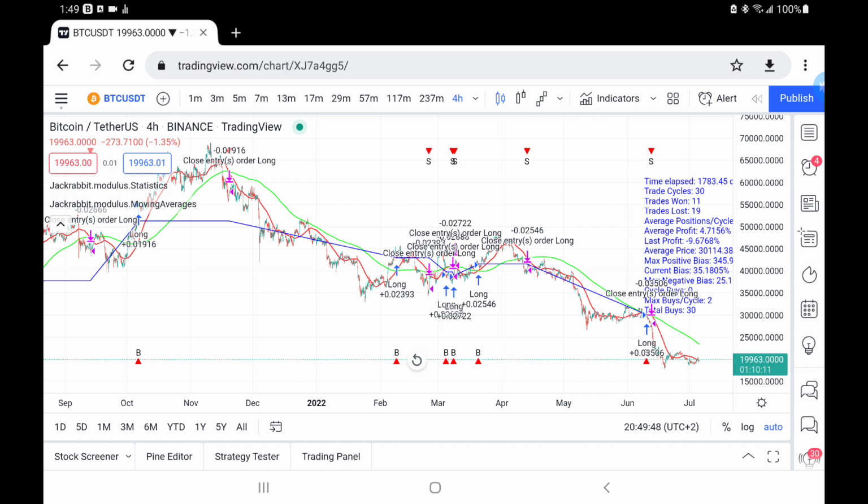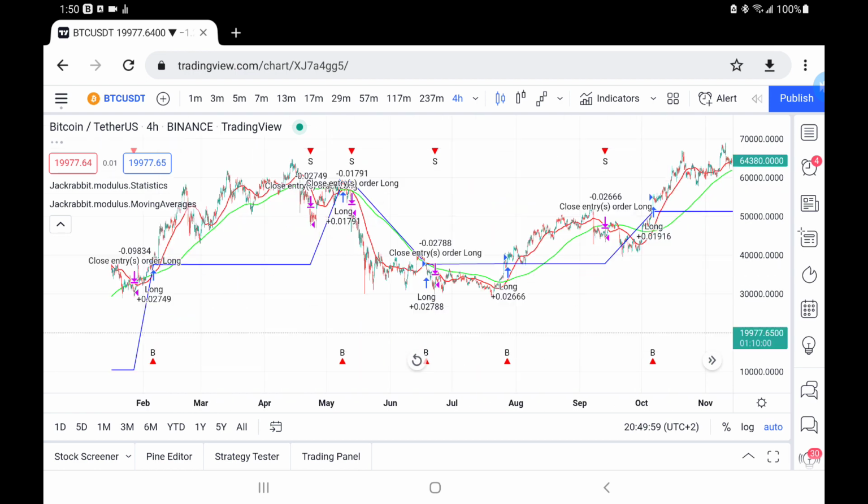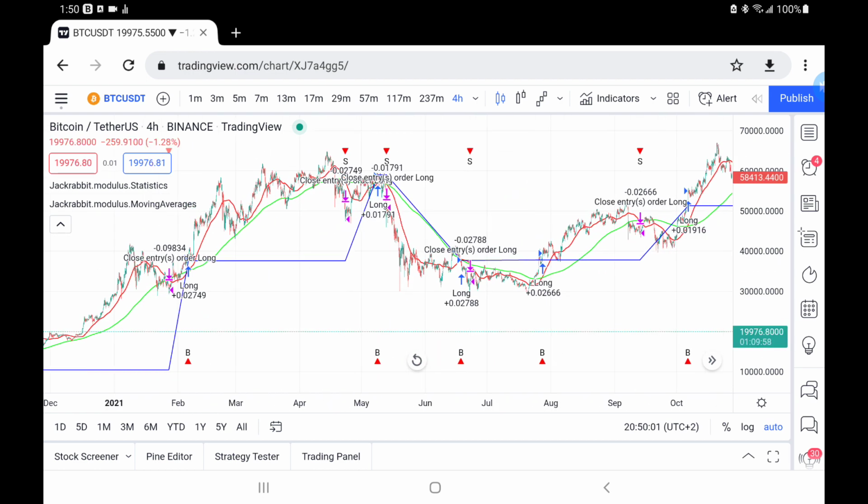And that is actually the whole point of what you need to take into account when you think about trend trading. How long is a bear market going to last? How long is a bull market going to last?